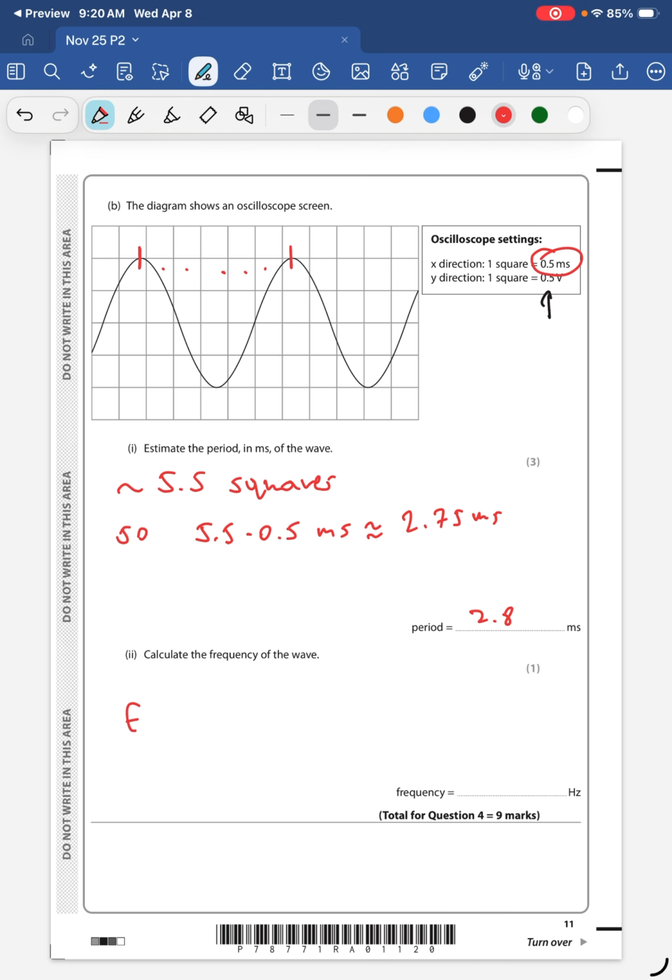This is simple. The frequency is 1 over the period, so 1 over 2.75 times 10 to the negative 3. And then this is seconds to the minus 1, which is, of course, hertz. So 363.6 hertz. So over here you can write 364 maybe. So this was question 4.